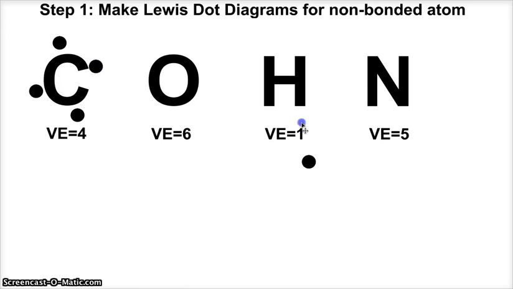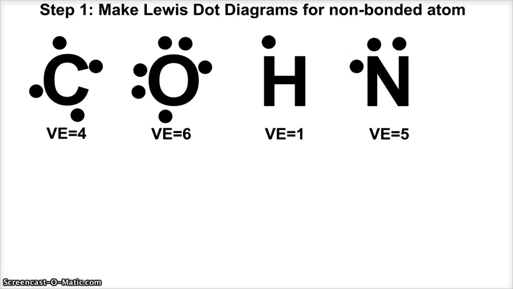So that's carbon, oxygen has 6, hydrogen's super easy, 1, and nitrogen with the valence electrons of 5. So now we kind of have what we're working with. Kind of think of this as our ingredients as we build our molecules.